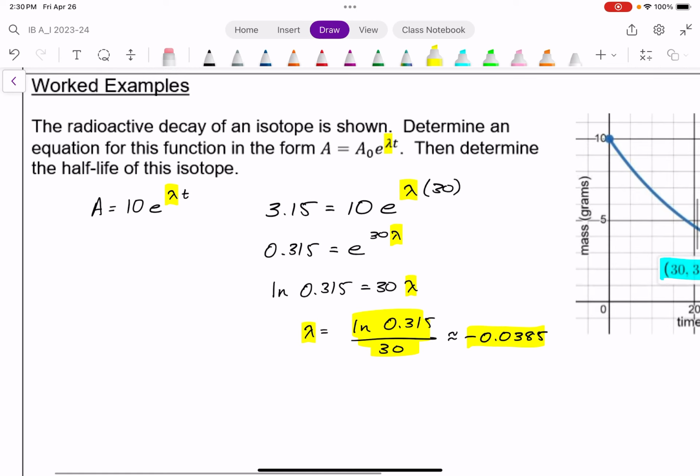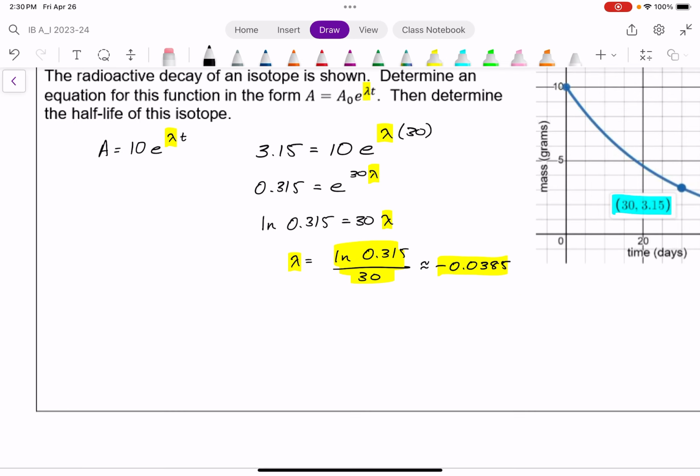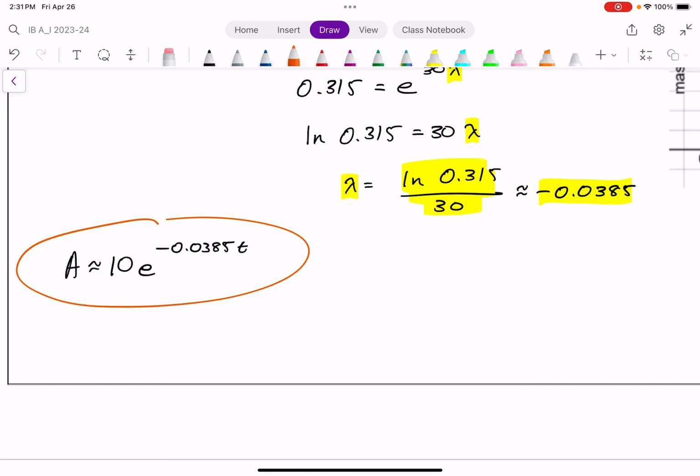However, now I have my equation, so now I can say my equation here in general, I don't know, maybe I'll put it right here, is 10, actually I should say this is approximately because this is rounded. So my approximate equation is 10 times e to the power of negative 0.0385 times time. Right, that's my approximate equation.